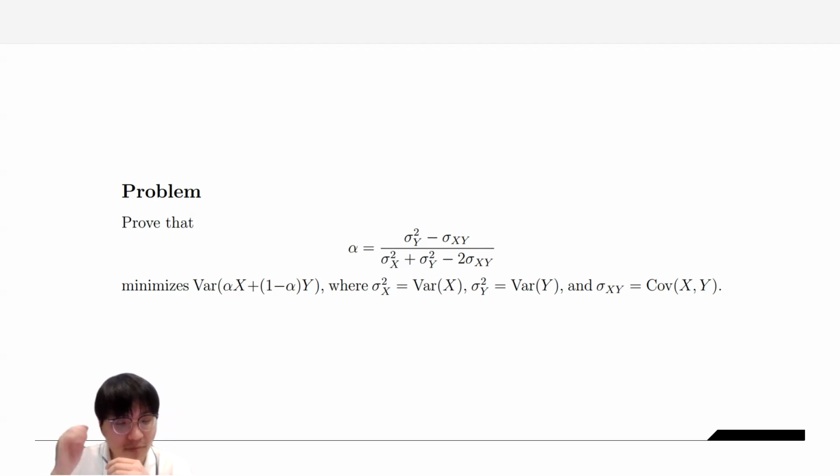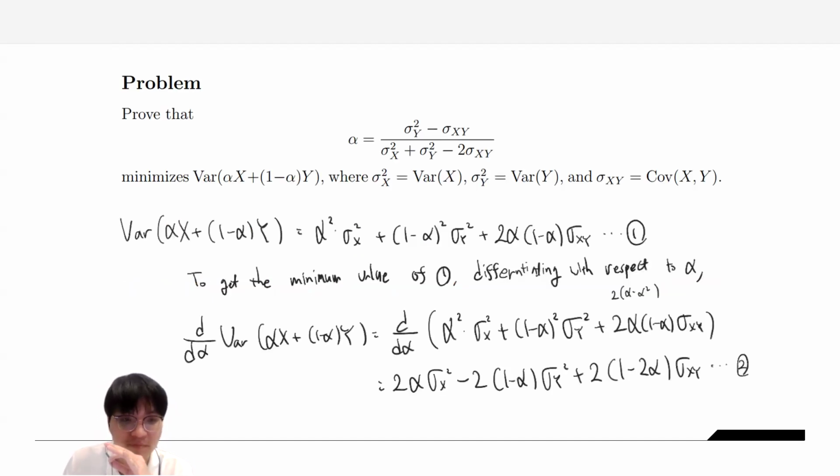So to get the alpha value, we have to minimize the variance of alpha x plus 1 minus alpha y. We have to calculate this in terms of alpha.